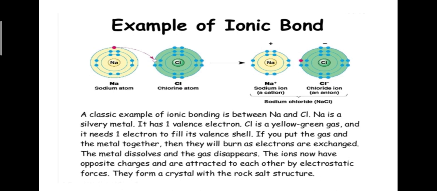The red one is the electron which sodium has given to chlorine. So here you can see there is a transfer of electron from one atom to another. Electrons are transferred from one element to another, and they share a bond, and this is called electrovalent bond or ionic bond.